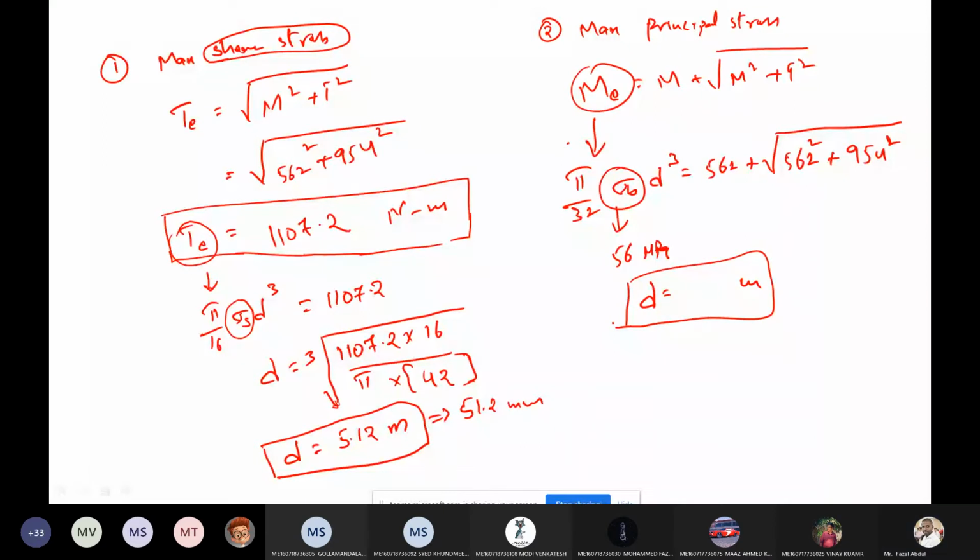Make it fast. What is the d value as per maximum principal stress theory?